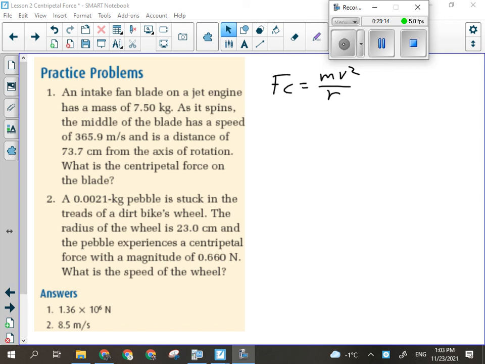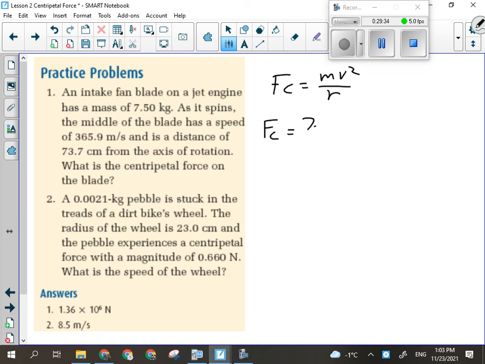For question number 1, we've got our mass is 7.5 kilograms. We know that as it spins, it's moving at 365.9 meters per second, and its radius is 73.7 centimeters, which of course we have to convert to meters in order to make this work. So all we're doing is plugging numbers into the formula. We don't even have to manipulate it.